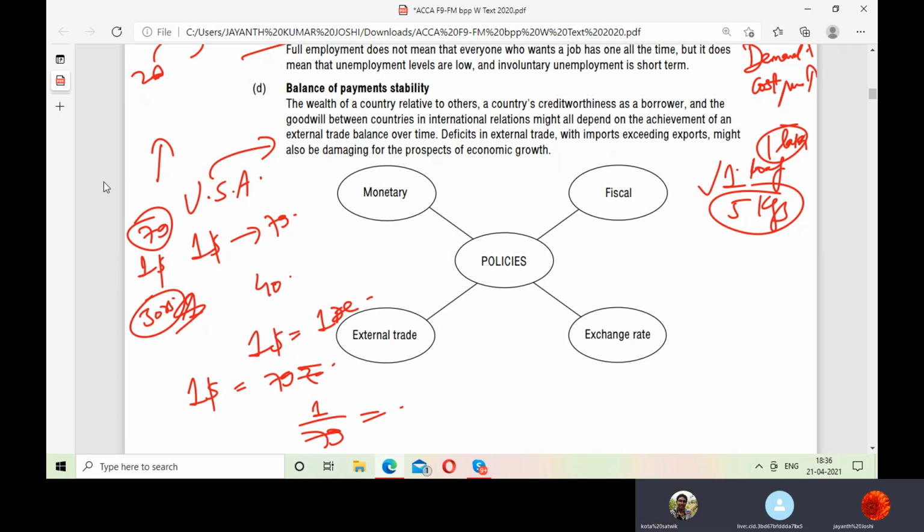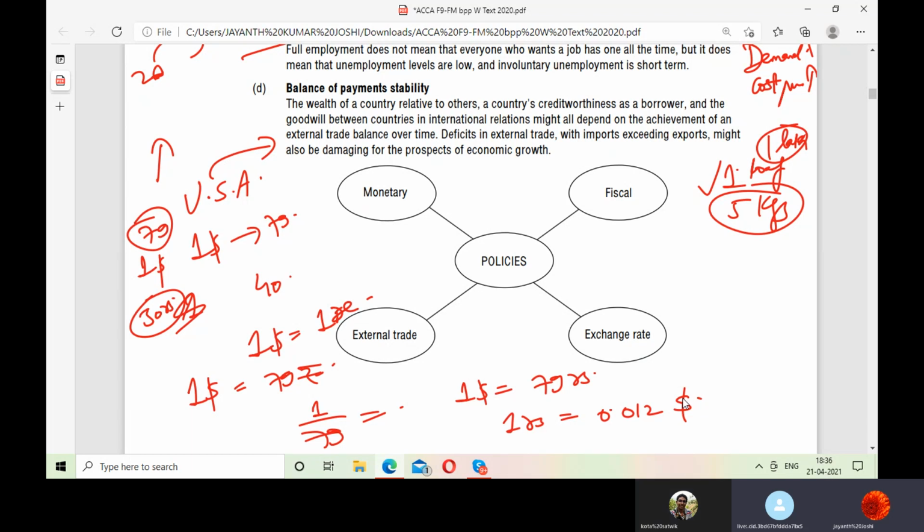Do a calculation. 0.012. So $1 is equal to 79 rupees, and 1 rupee is equal to $0.012. That means 1 rupee is only equivalent to some 1 cent, correct? That is the condition of India.